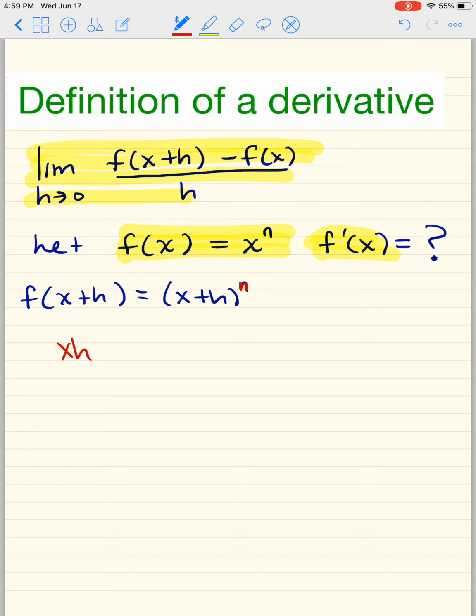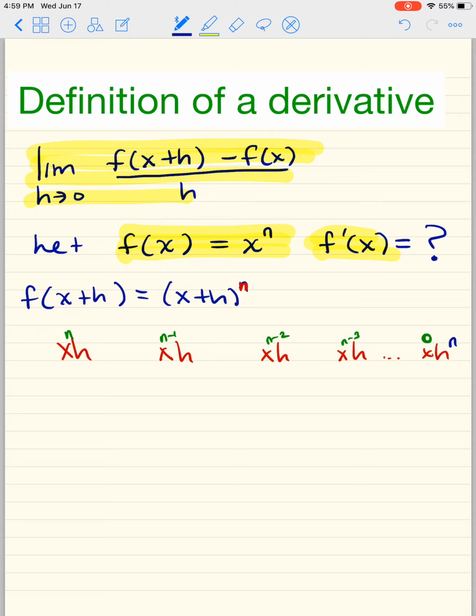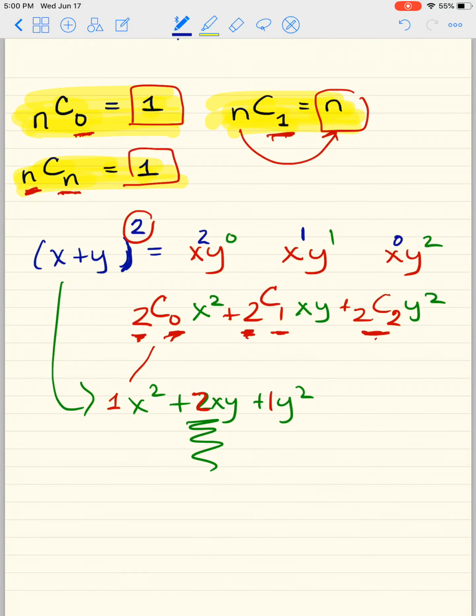Ready? You go x, h, x, h, x, h, dot, dot, dot, x, h. And take a look at the exponents. It's going to go n, n minus 1, n minus 2, n minus 3, all the way to n minus n, which is 0. And then you come back the other way and go 0, 1, 2, and so on. The great thing about this is that the exponents always add up to n: 2 plus 0 is 2, 1 plus 1 is 2, 0 plus 2 is 2.